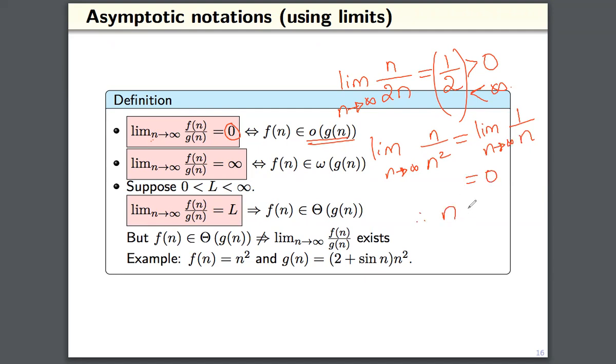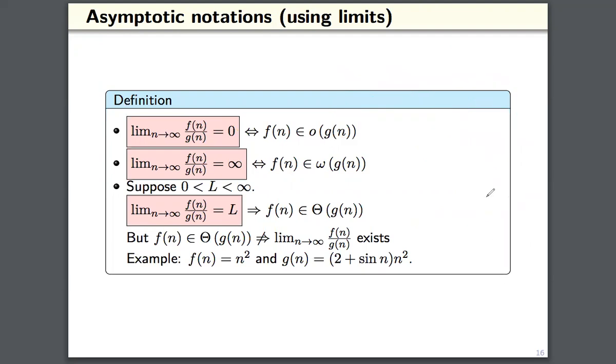Therefore, n is in small o of n squared. Does this make sense? So what is small o? The meaning of small o is strictly smaller than, asymptotically smaller than. The rate of growth of f of n is asymptotically smaller than the rate of growth of g of n.